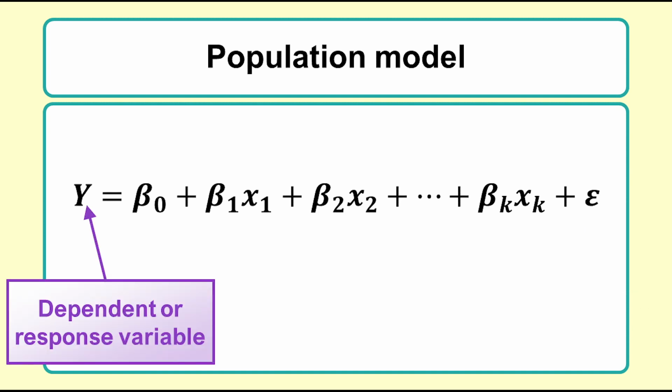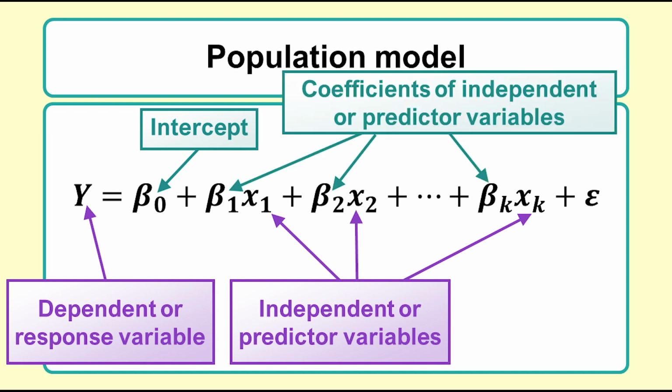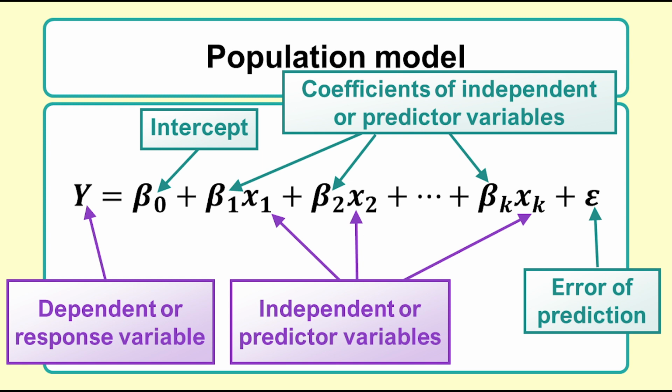Y is the dependent or response variable. x1 to xk are the independent or predictor variables. Their values are the inputs into the creation of the model. Beta 0 is the intercept or constant term. Beta 1 to beta k are the coefficients of the independent or predictor variables x1 to xk. Epsilon is the error of prediction.